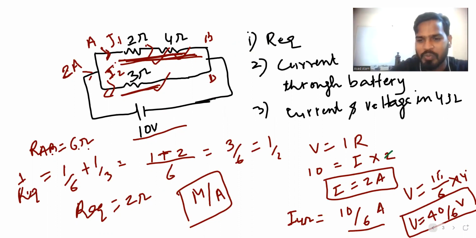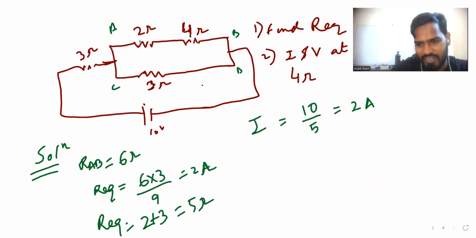How I had 2 by 5, right? So here it should be 5 ampere, no? Fine. So 2 ampere. That type of calculation mistake can happen, right? That is not a calculation mistake, it's a printing mistake. Fine. So 10 by 5 is equal to 2 ampere. We got current through the battery.